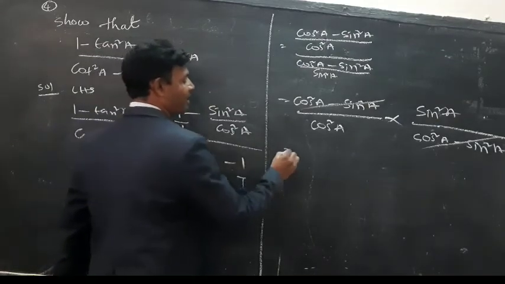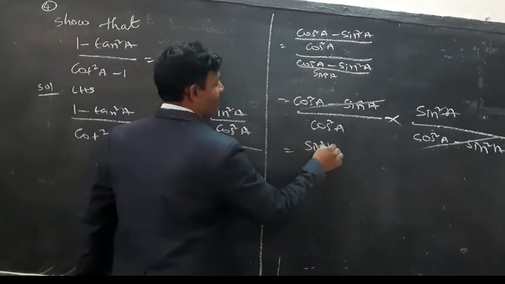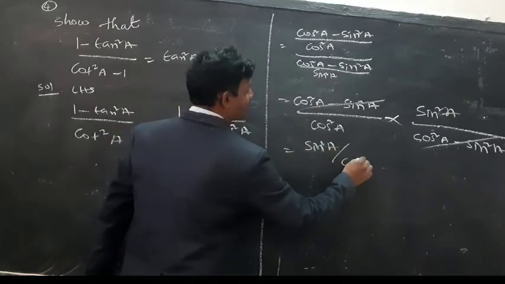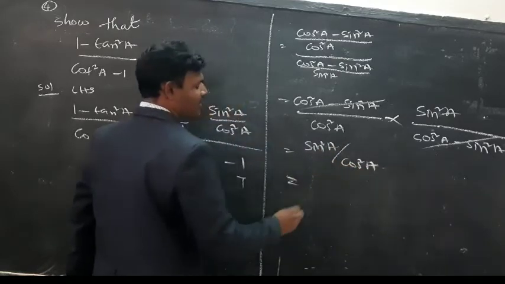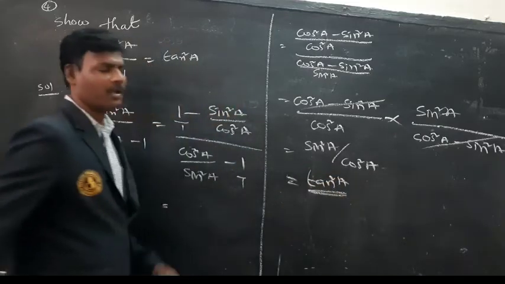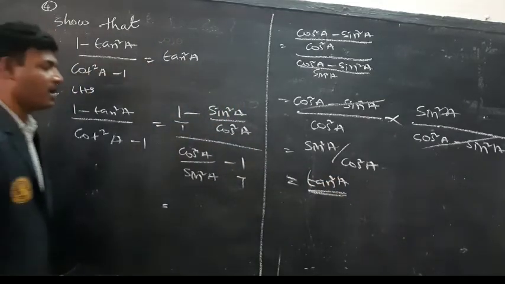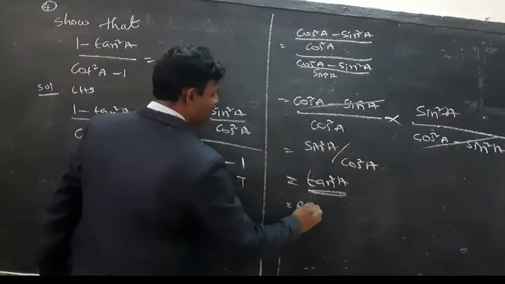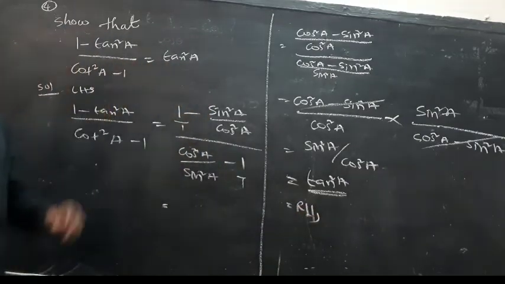What is the remaining here? Sin square A by cos square A, which we can write as tan square A, is equal to RHS.